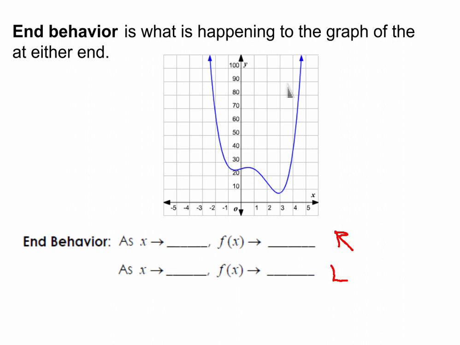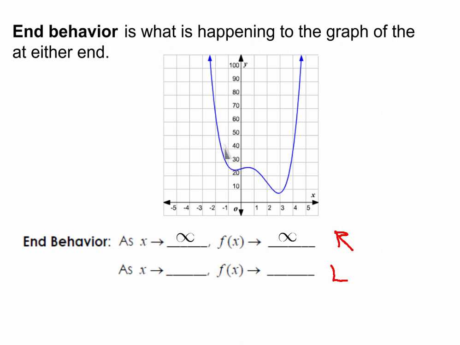So if x is going to infinity, and it's moving to the right forever and ever, what is happening to the y value? Is it going up or down? Well, it's going up, and with these arrows, it's going up forever, so my f of x is also going to infinity. Now I want to do the same thing on the left-hand side.